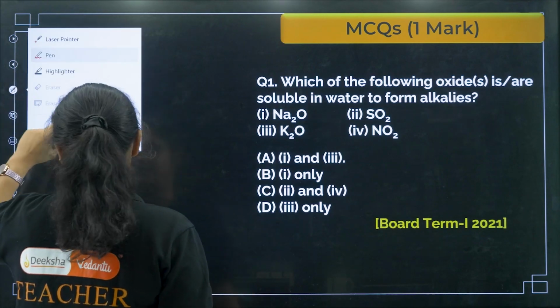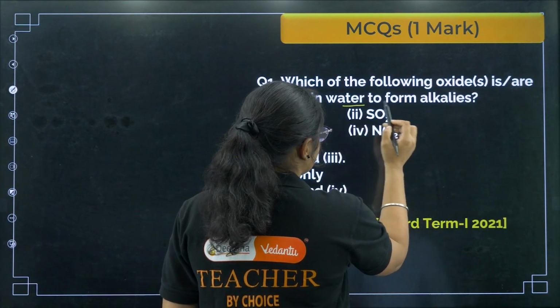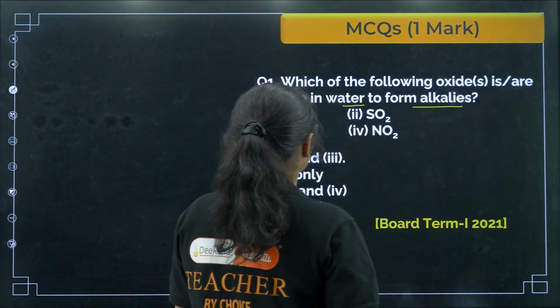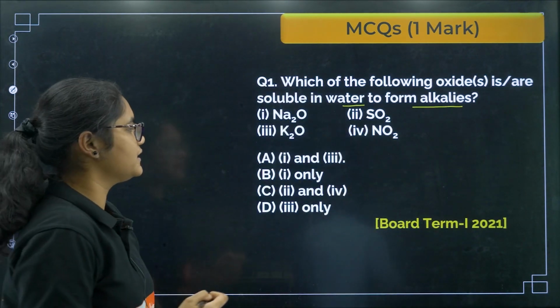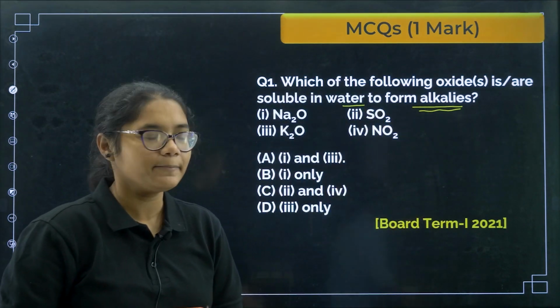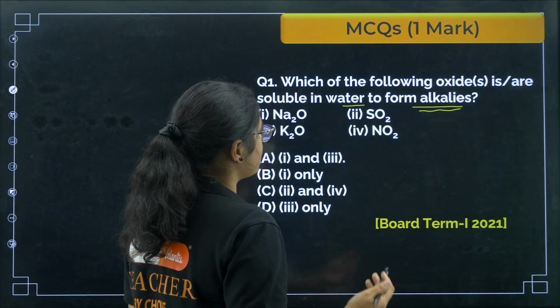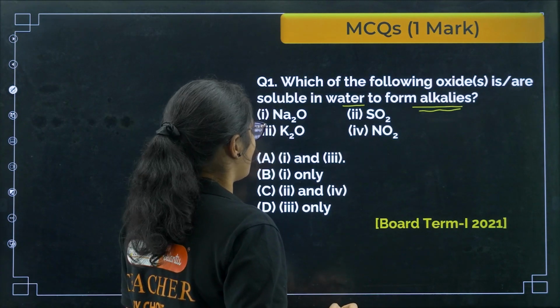Coming to the first question here. Which of the following oxides is or are soluble in water to form alkalis? Alkalis are those bases which are soluble in water. Now the question is asking which of the following oxides is or are soluble in water to form alkalis.